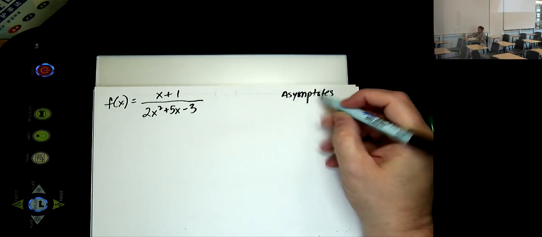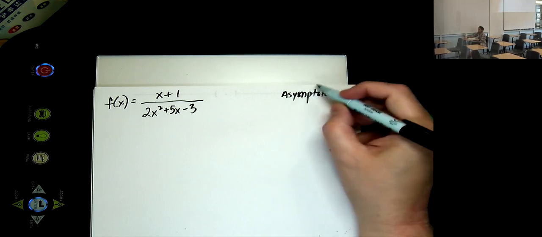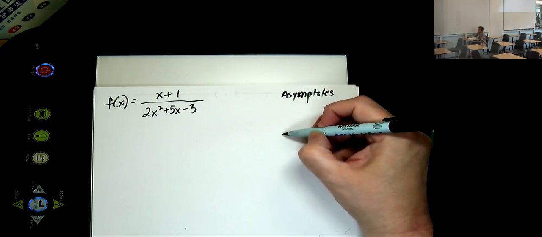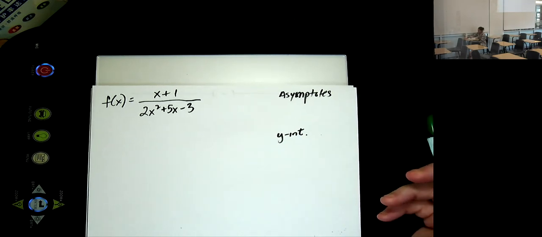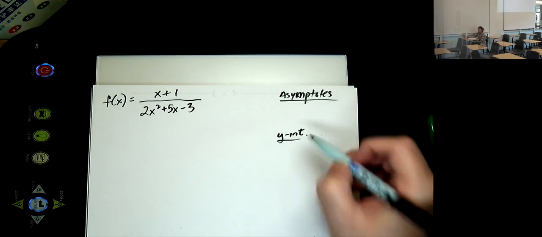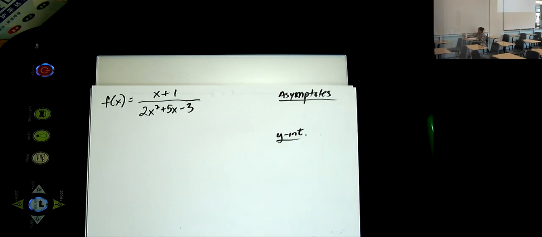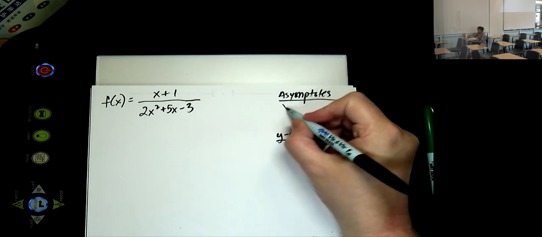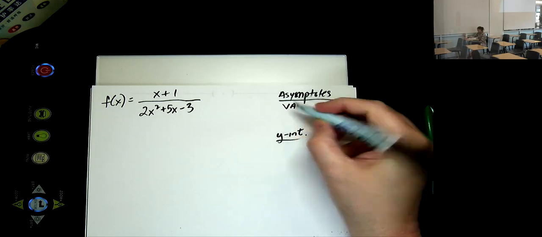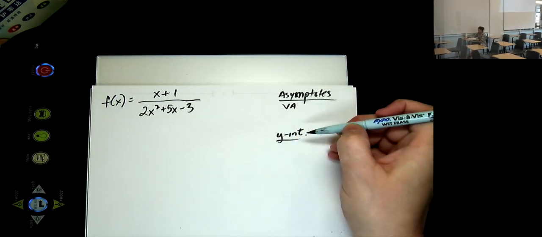We want to know the y-intercept. Let's see what we get from there. We're looking at vertical asymptotes. We're looking at either a horizontal or oblique asymptote.